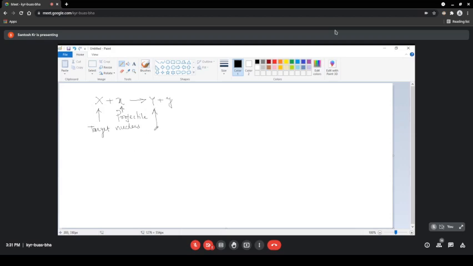This small y is, you can say, the emitting or ejecting particle, and this capital Y is known as the residual nucleus.